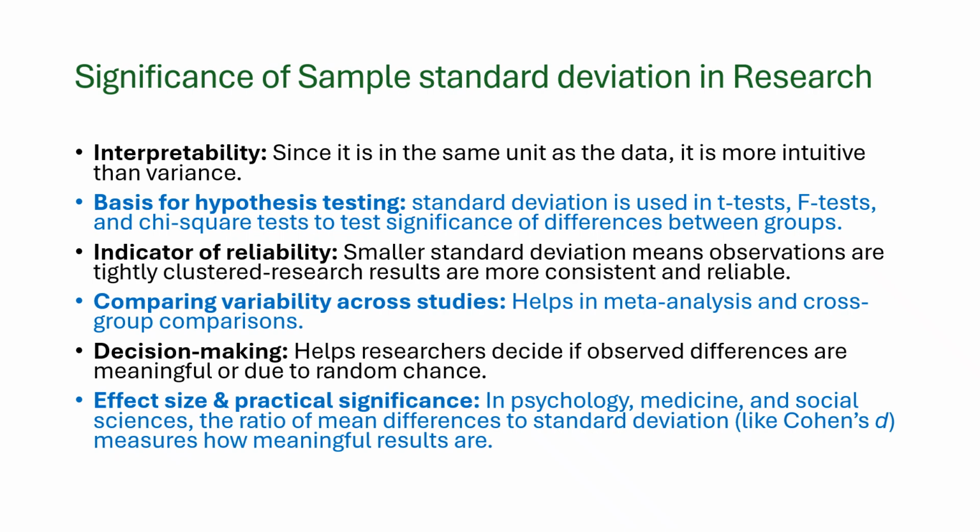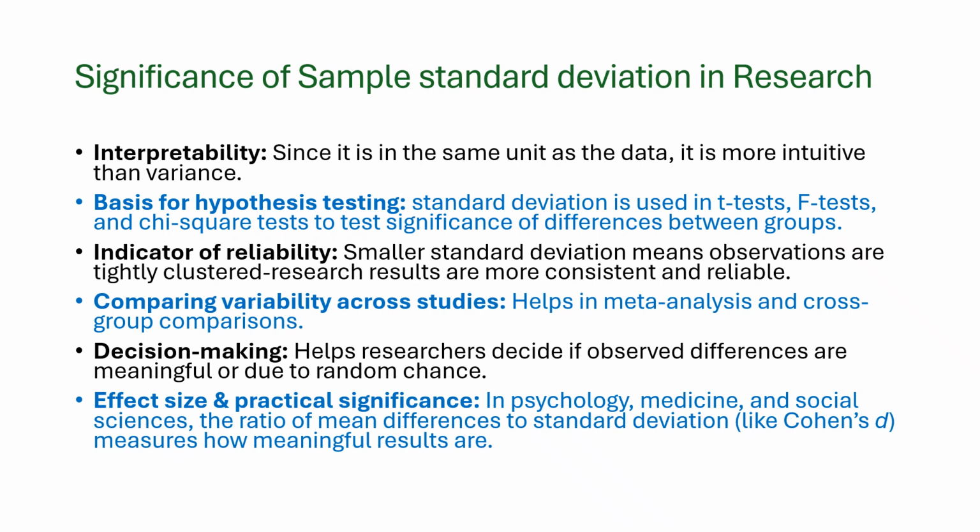Comparing variability across studies, such as meta-analysis, cross-sectional studies, and surveys, we also always use sigma. That becomes the basis even for sample size calculation. We need a sigma, and that's the purpose of this presentation, because we can use sigma as an estimator for all these kinds of inferential studies.